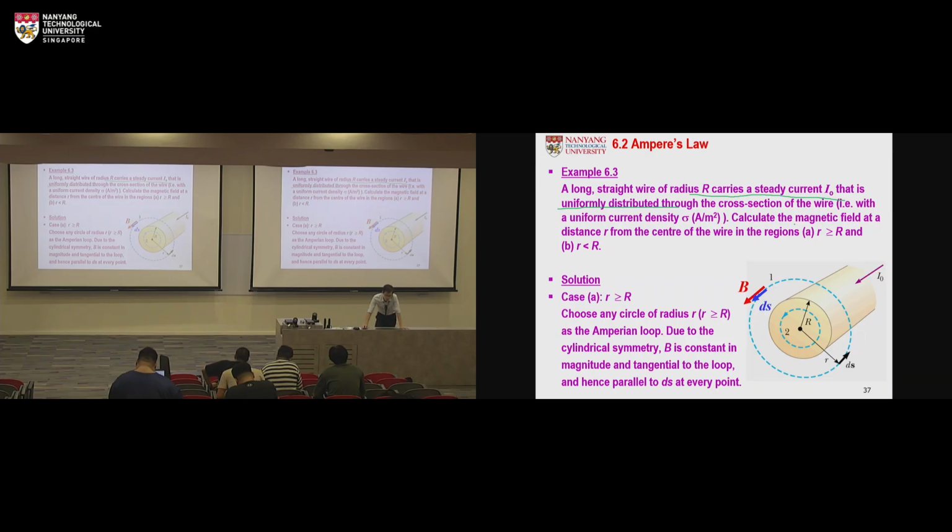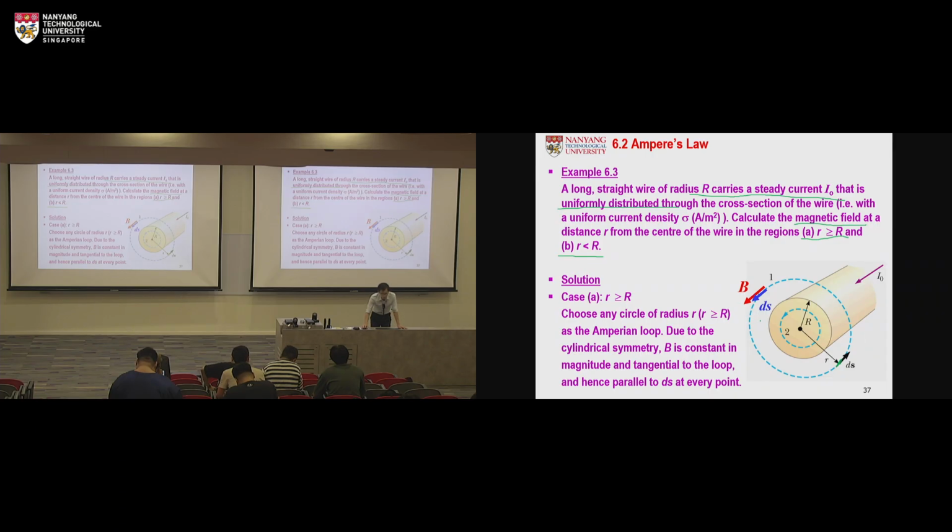We ask you to calculate the magnetic field at the distance r from the center of the wire for two scenarios. One is outside the wire, another is inside the wire, right?